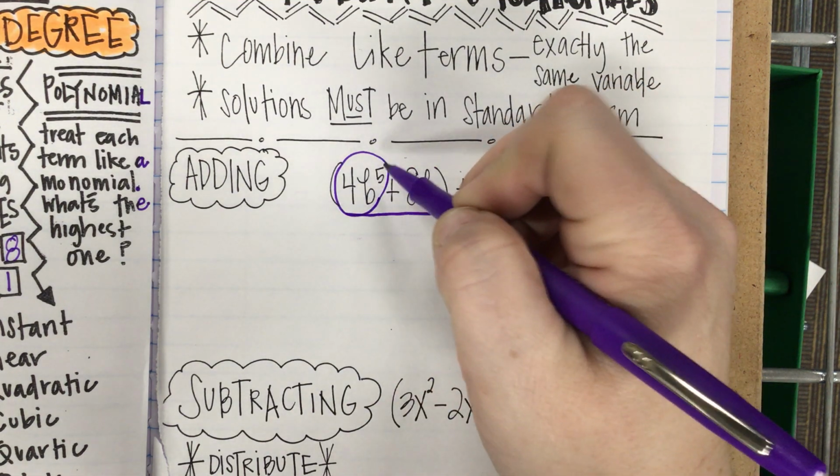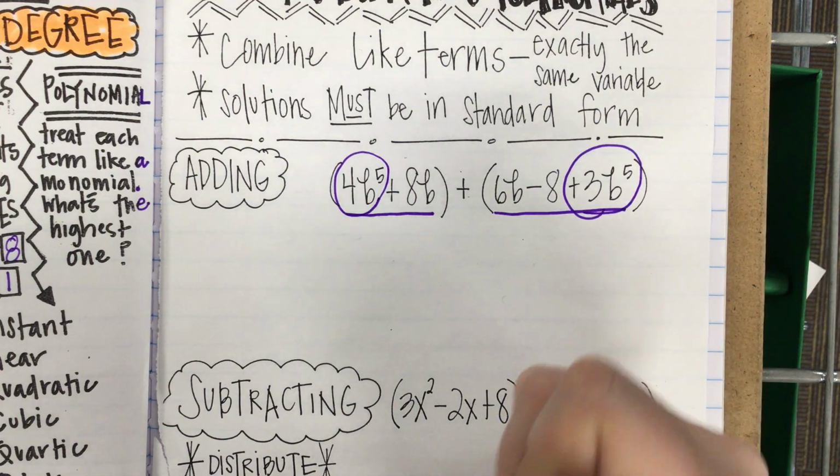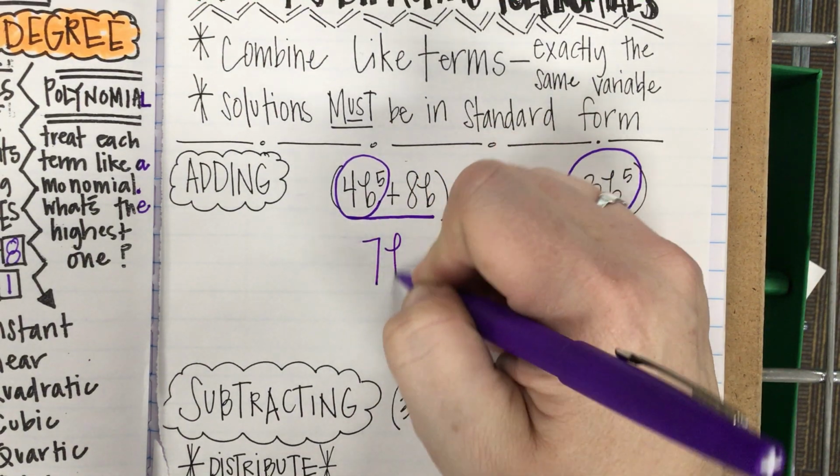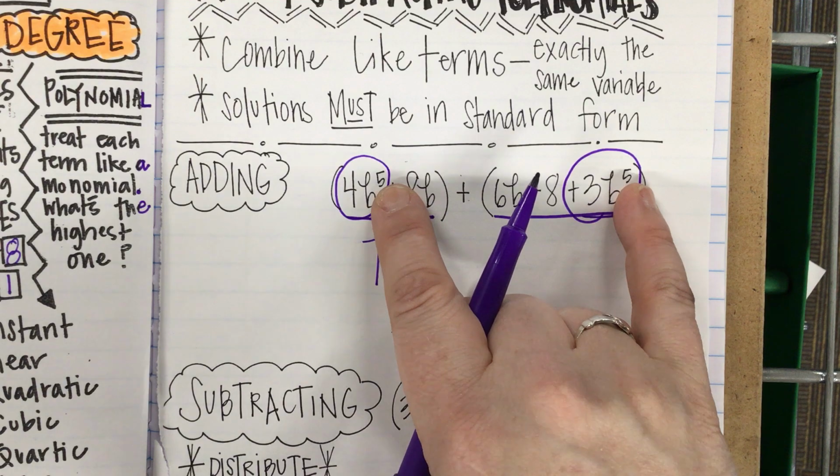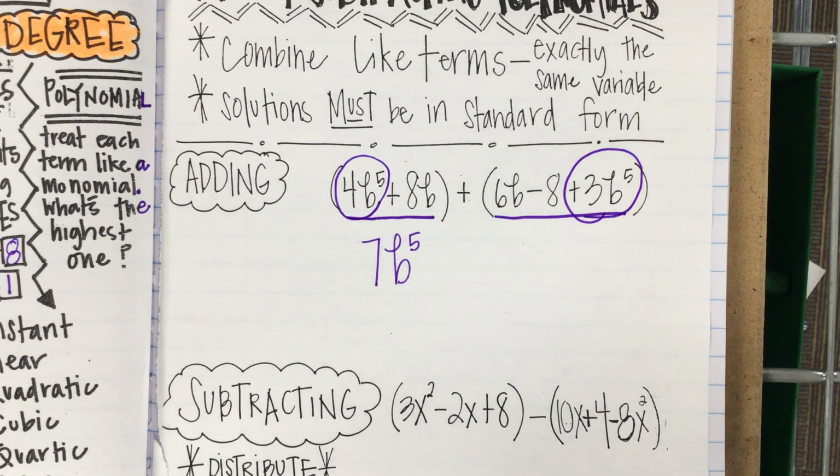What's 4b to the 5th plus 3b to the 5th? 7b to the 5th. Remember, when you're combining like terms, your exponents stay the same. We are so used to multiplying powers that we have to retrain our brain that when combining like terms, only the coefficient changes.